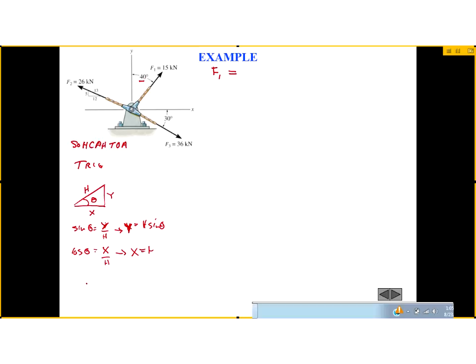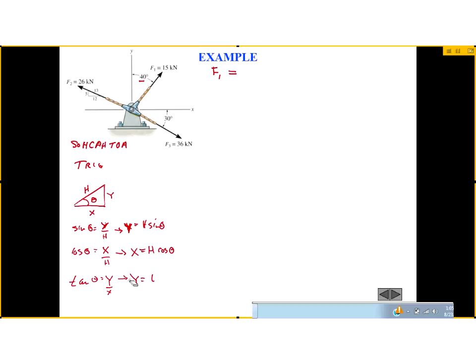And then the tangent of theta equals y over x, and that means you could say that y equals x times the tangent of theta.